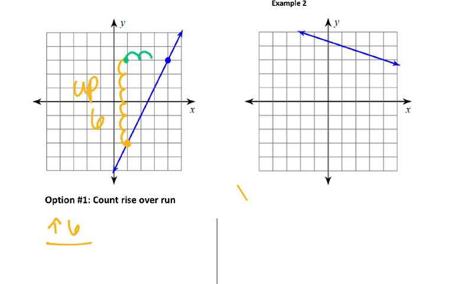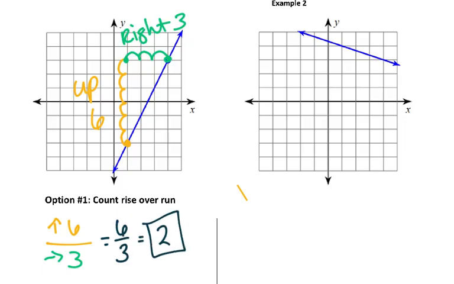I go 1, 2, 3 spaces. So I went right 3. Now those movements are both positive. So I have 6 divided by 3, which is going to be 2. It's a positive slope, which makes sense because if you notice, our line's going uphill, so it should be positive.